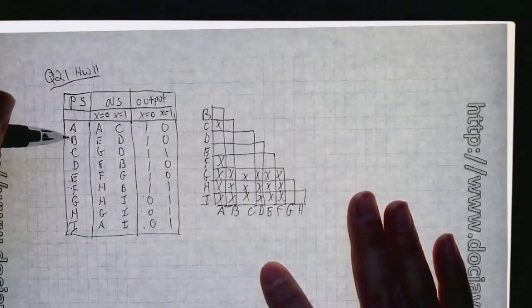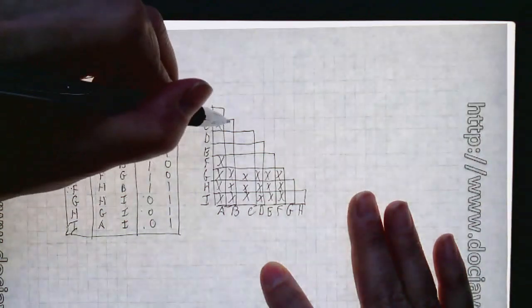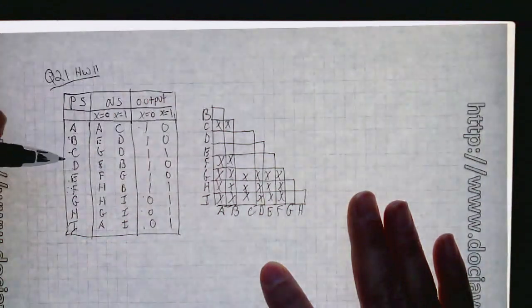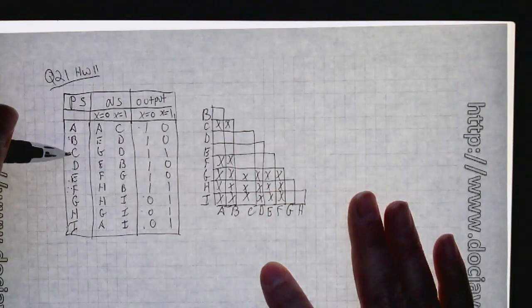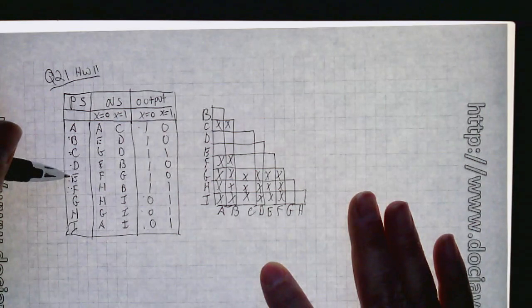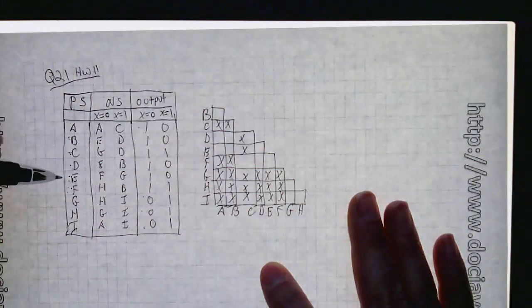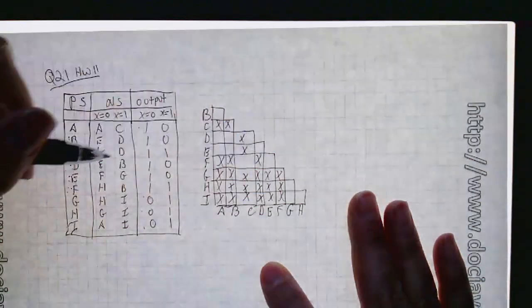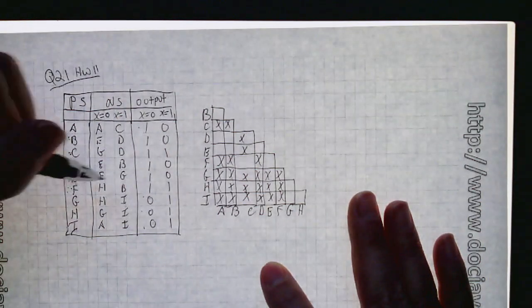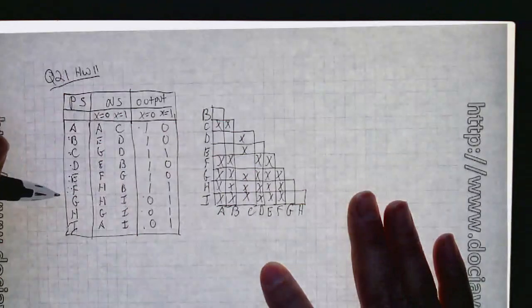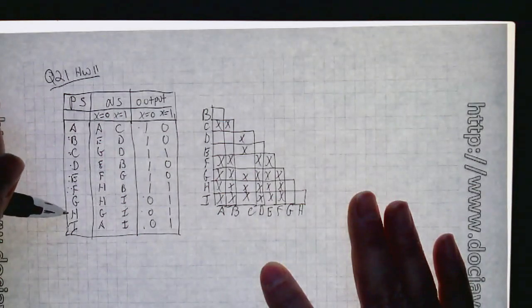B is different from C and F. C must be different from D, E. D has to be different from F. E must be different from F. And G and H could be the same.